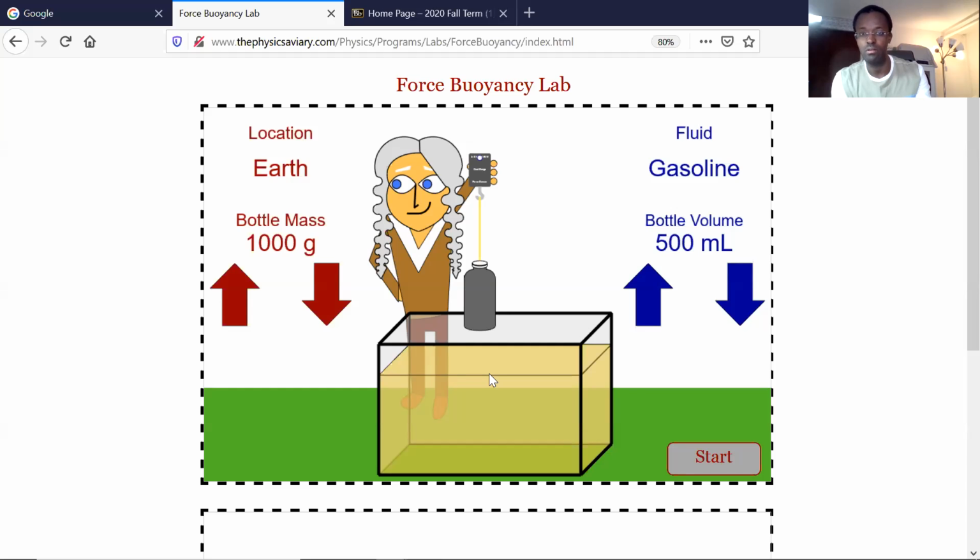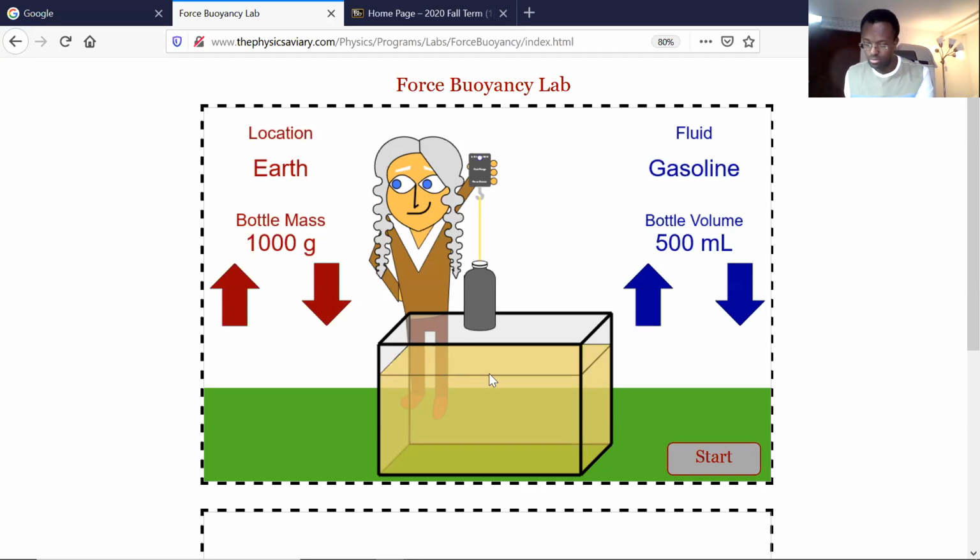Volume-wise. And the weight of the gasoline corresponding to that volume displaced by the bottle will be the buoyant force, that will oppose the weight of the bottle. So we want to calculate that.